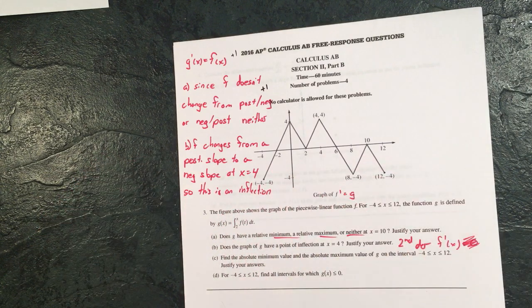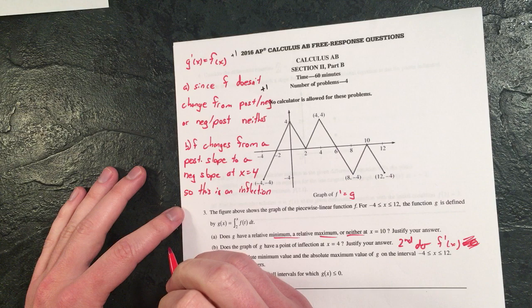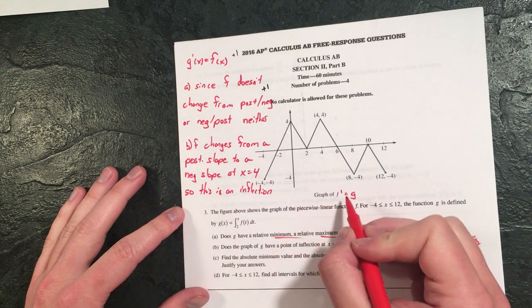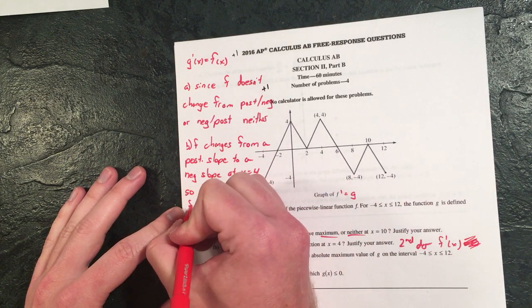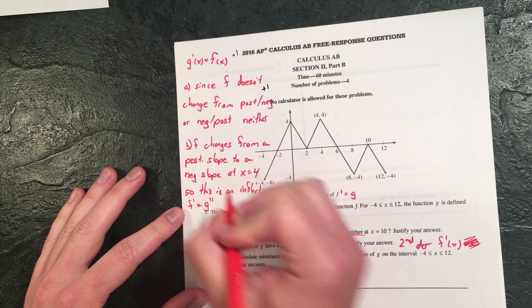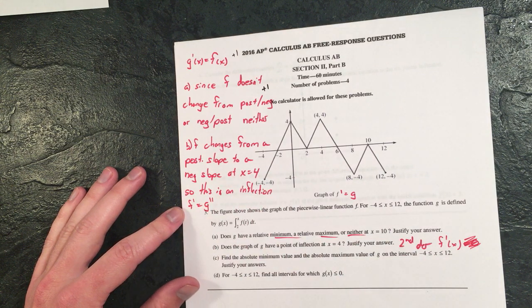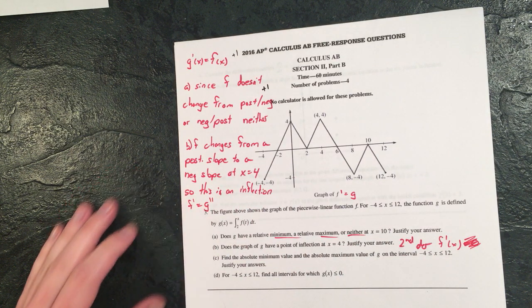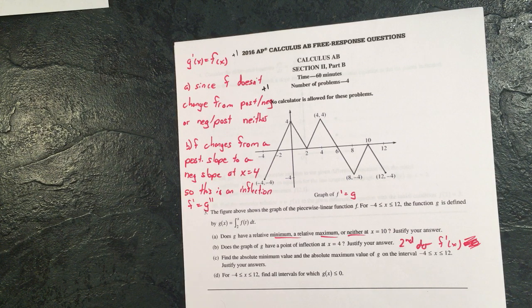And just to be safe, you need to say something about the second derivative here. So f prime equals g double prime, I think is what they're going to be looking for. And it's just 1 point there.